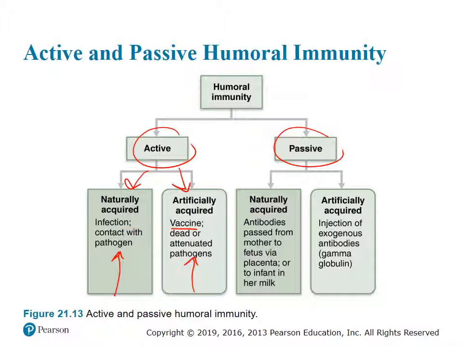And then passive natural is getting the antibodies from the placenta of the mother or from the breast milk. And then artificially, you can actually stick a needle into the bloodstream and put those antibodies in there, and again, they'll still help you fight the infection in question.